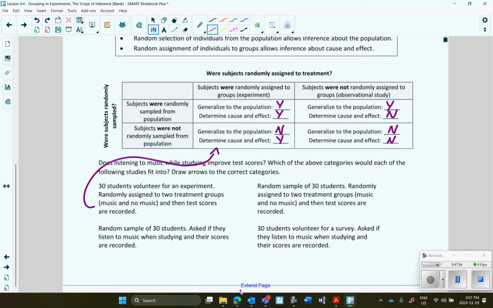Random sample of 30 students, randomly assigned to two treatment groups. Kind of obvious. Yes and yes. I can make a generalization about the population. I can make an inference about cause and effect. Random sample of 30 students, asked if they listen to music when studying, their scores are recorded.